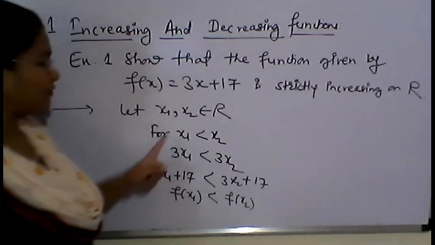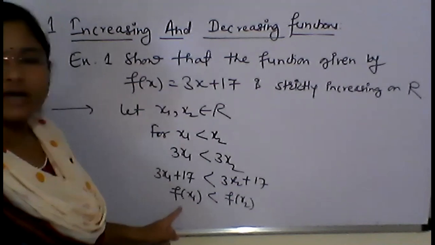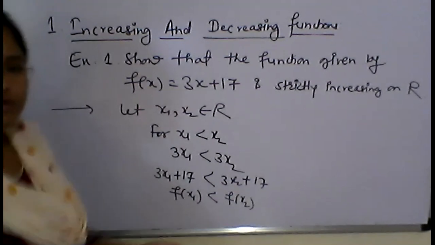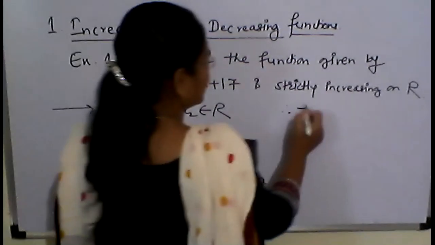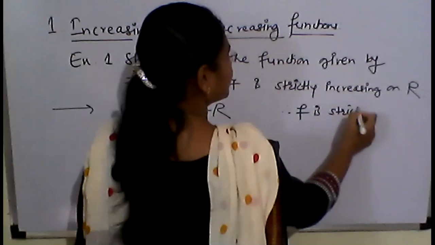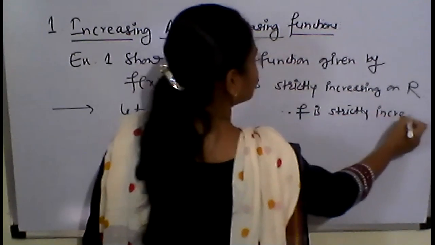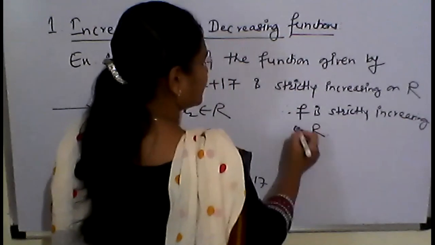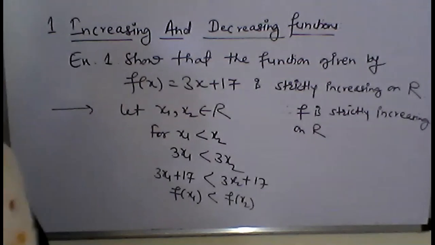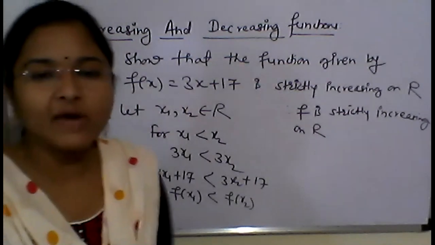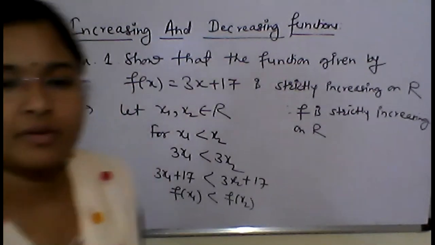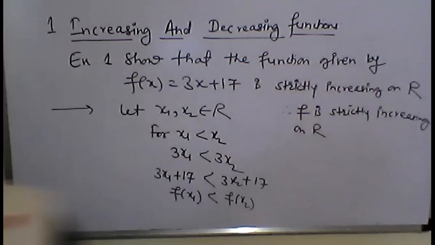So for x1 less than x2, we got f of x1 less than f of x2. Therefore, f is strictly increasing on the set of real numbers. Any doubt here? Yes, boys, any doubt? No, ma'am.